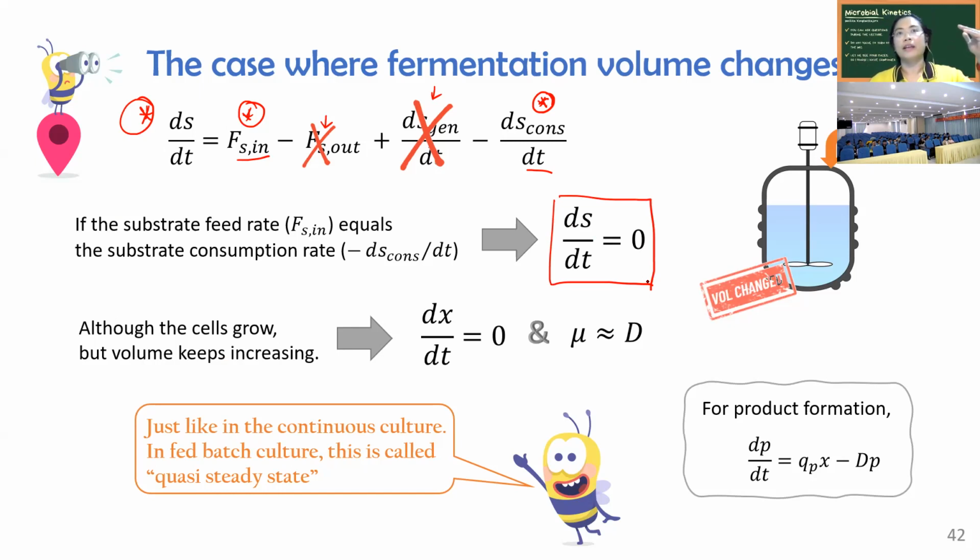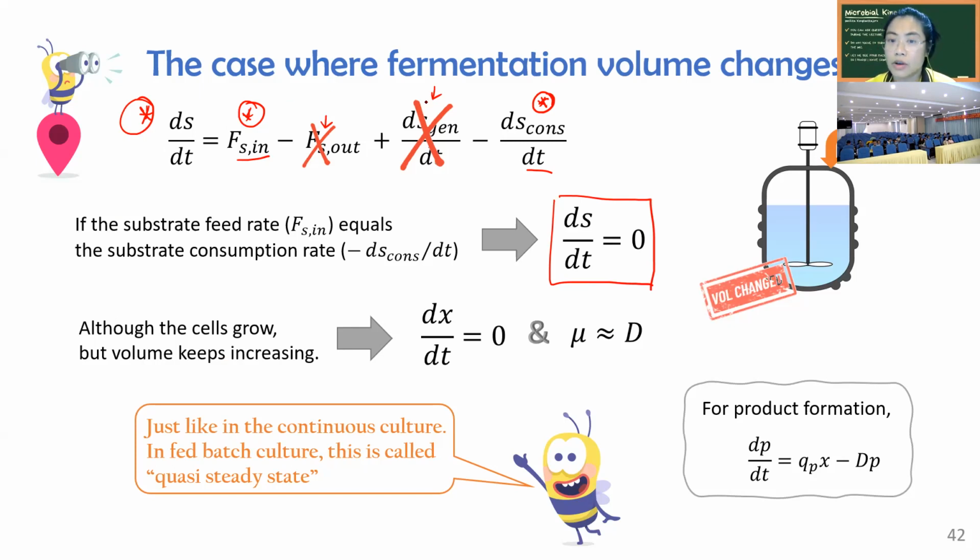If you feed too fast, the cells cannot use it as fast as you feed in, so the substrate concentration will accumulate in the fermenter. But if you feed in just enough for the cells to use, as soon as it goes in, the cells use it, and you see no change if you take a sample from the fermenter.